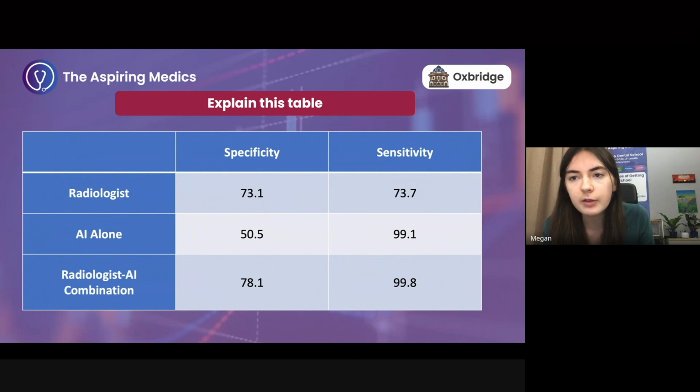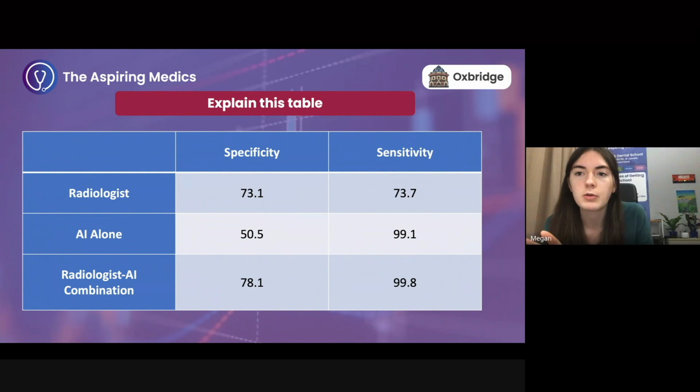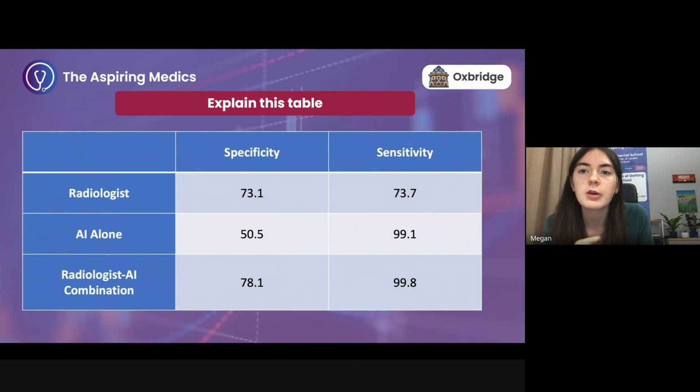We can see the highest sensitivity is with AI alone, and then the combination, which is quite close. Radiologists on their own have the lowest sensitivity in terms of detecting a condition on a scan. The combination has the highest specificity as well, but the AI alone has the lowest specificity.